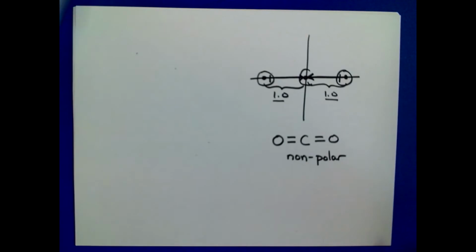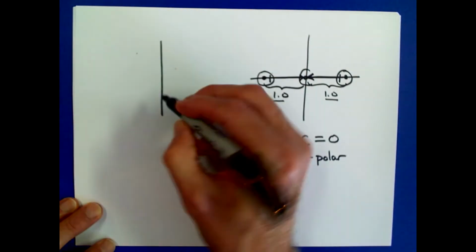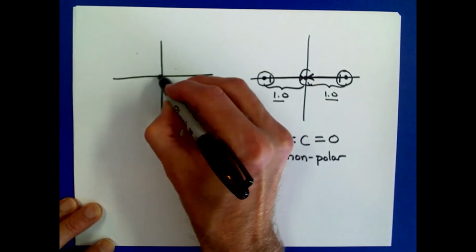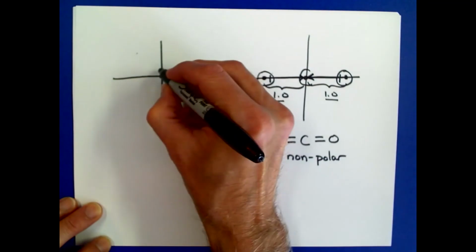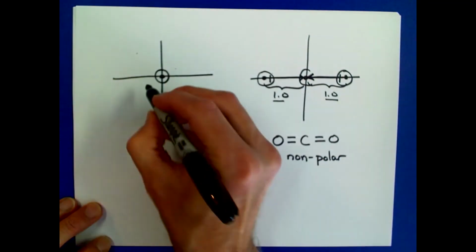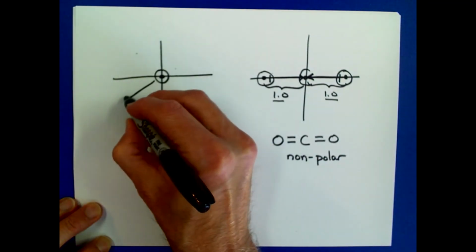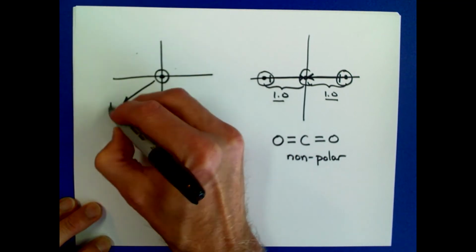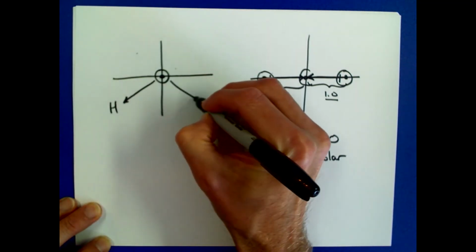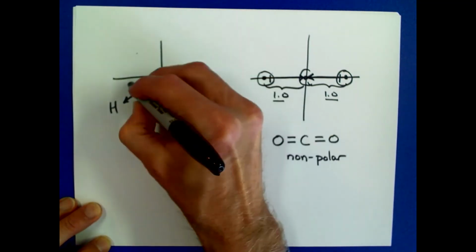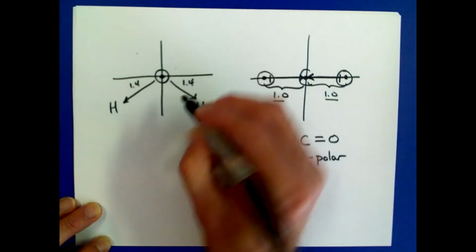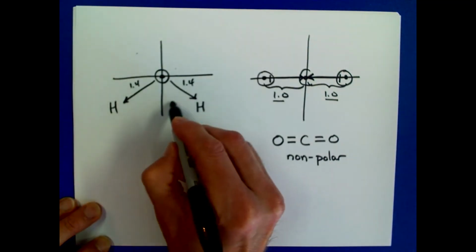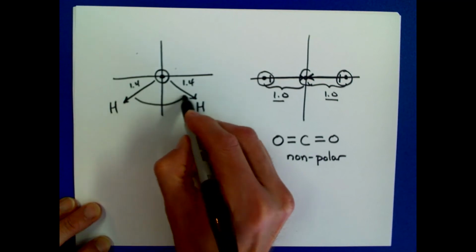If we're drawing our axis like this, we can imagine our oxygen sitting here, and then we're going to have vector quantities pointing from the oxygen to the hydrogens with a magnitude each of 1.4. Of course, these are going to be 104 degrees from one another, because that's the bond angle in water.